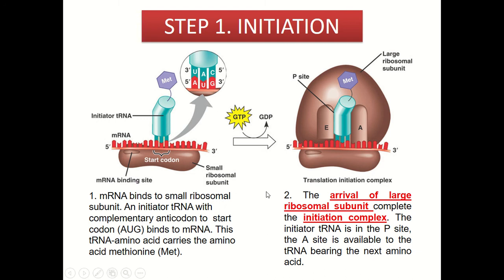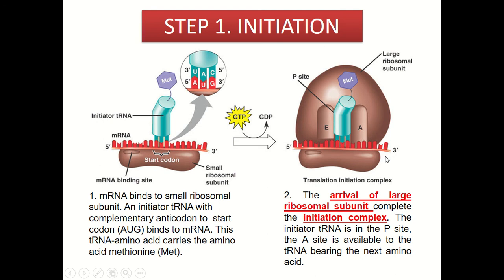Next is the arrival of the large subunit of the ribosome to complete the initiation complex. Remember, before we start the translation, the tRNA is the one that will bind first before the large subunit of the ribosome arrives.